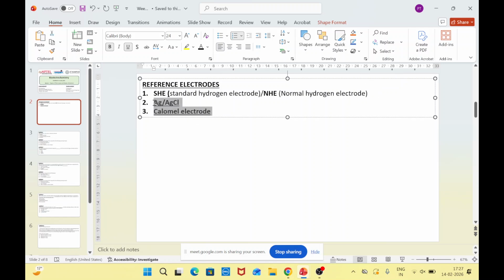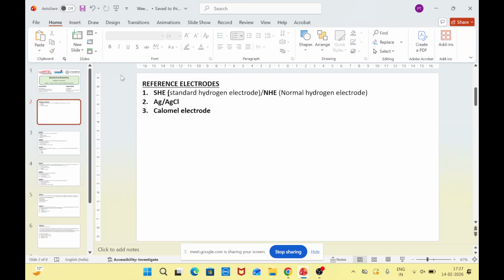So often AgCl and the calomel electrodes are the reference electrodes which are commonly used. Standard hydrogen electrode, in most of the cases, remains as a thermodynamic reference.